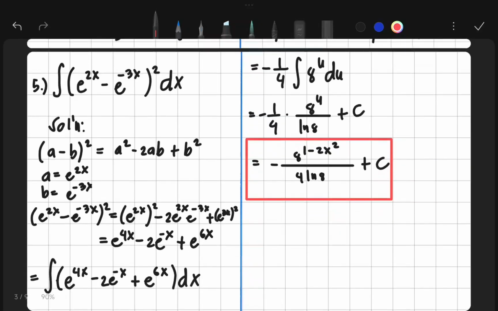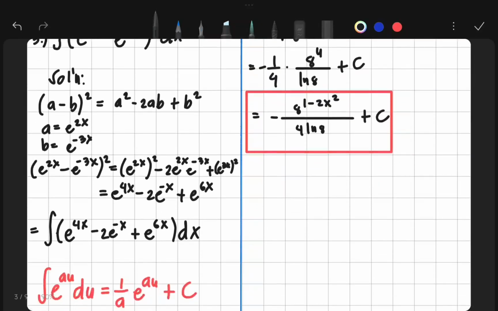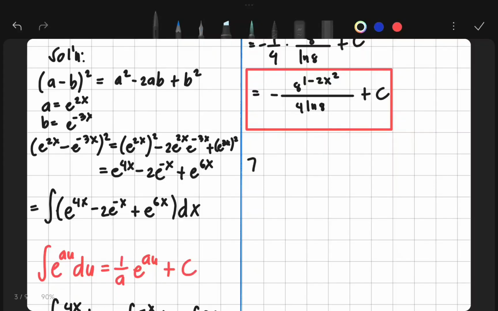Okay, very good. So for our next problem, which is number 7, we have a definite integral. So the integral from 0 to 3 of the quantity 4 minus e raised to negative z, all raised to 2, dz.